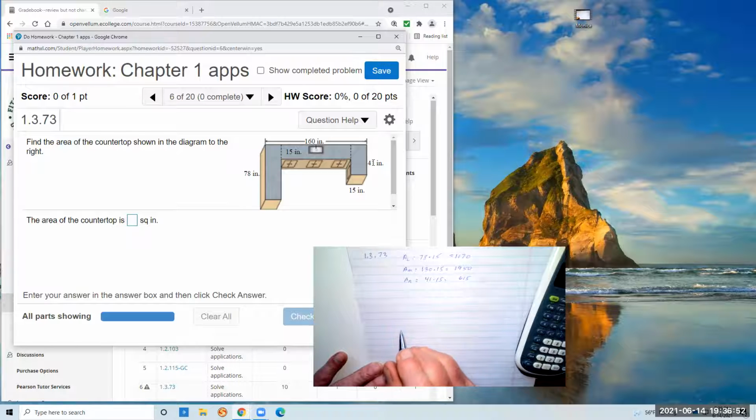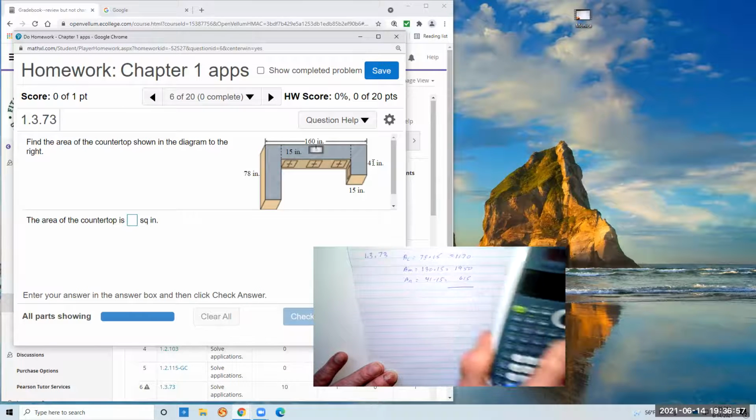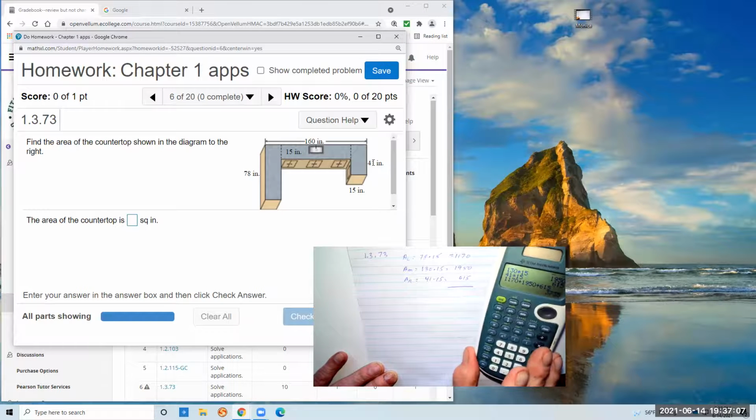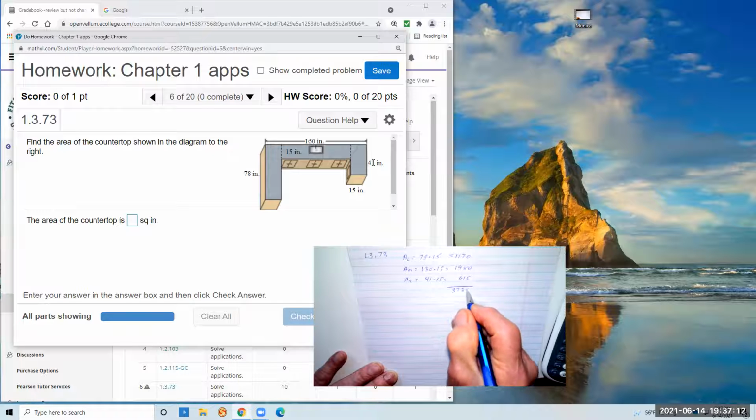And then to find the area of the entire shape, we want to add these numbers together: 1170, add it to 1950, add it to 615 for a grand total of 3735. Again, the area of the middle rectangle is where we make the biggest mistake. The length is not 160. The length is less by 15 units, and 15 units twice is 30 units total.